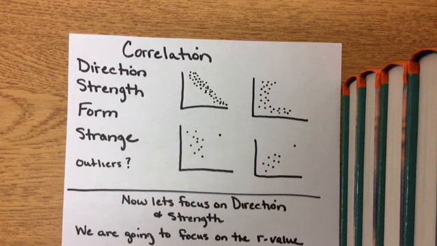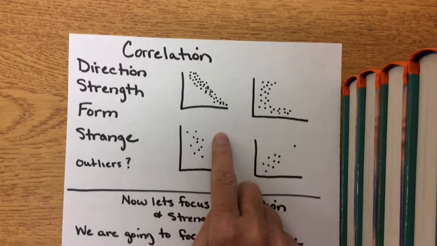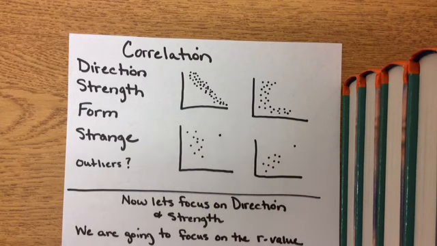So if the trend changes, then that means that this point is probably highly influential and is probably an outlier. But over here, not so much. So really, when you're asked to identify anything that's strange, you're looking for something that actually changes the trend of the graph.